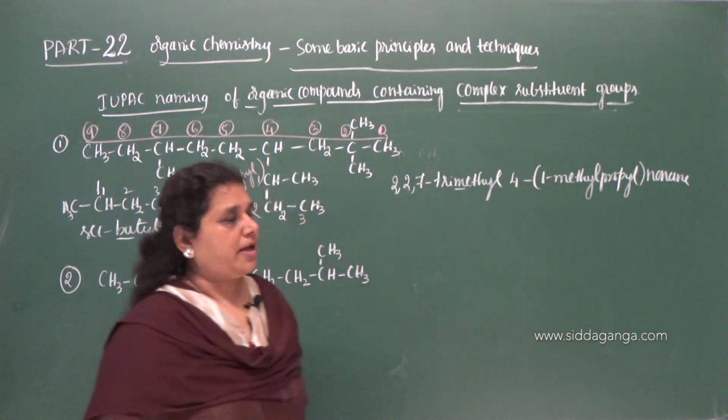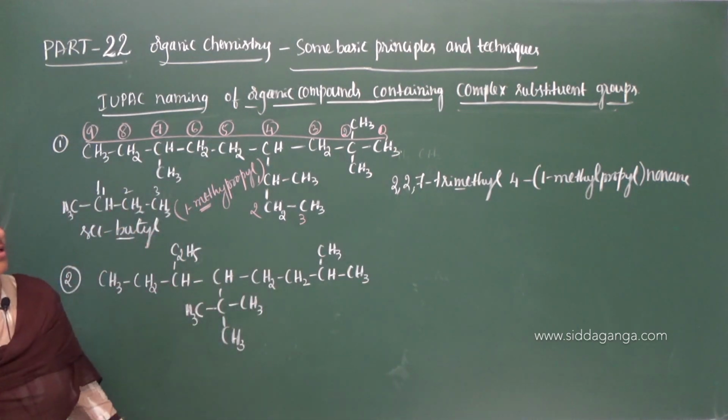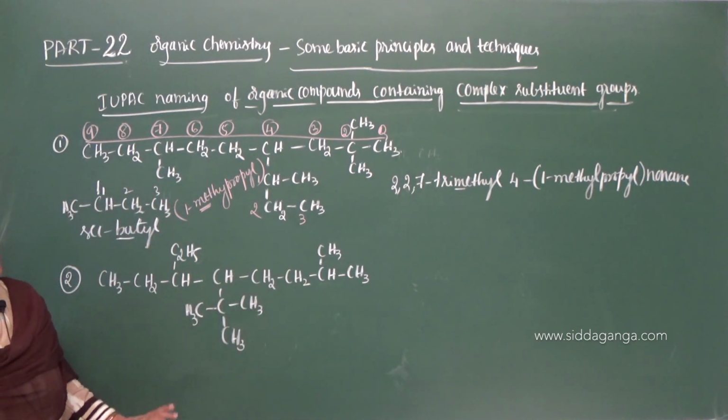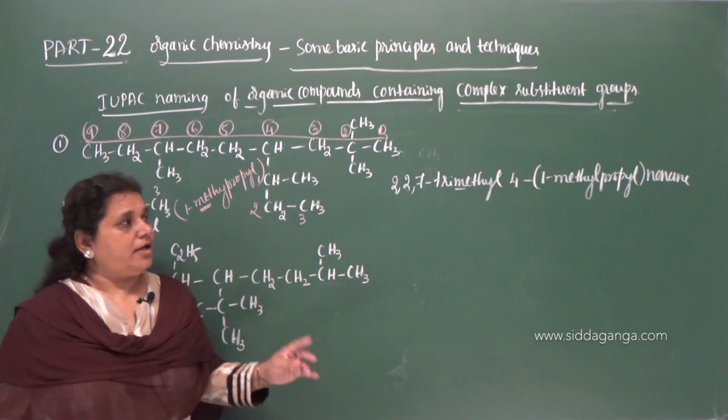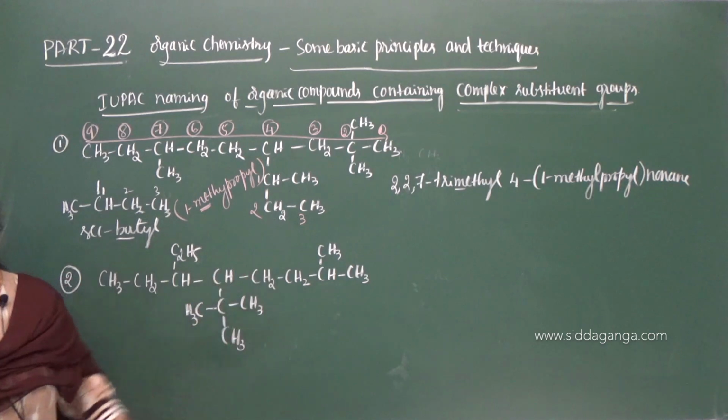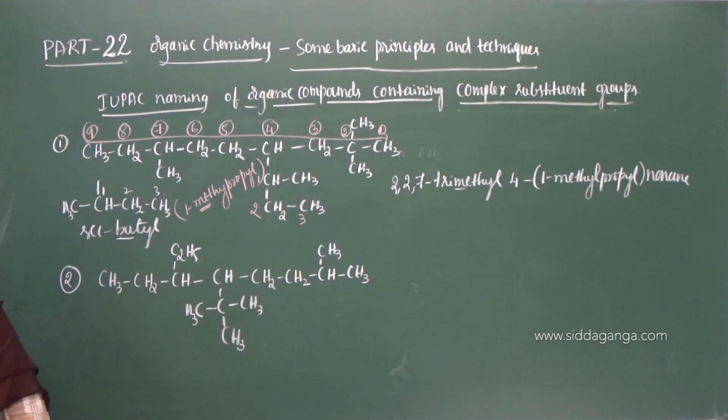Why? Because 9 carbon atoms are there on the selected parent carbon chain. So this is the name where we took the IUPAC name for the complex substituent group for the secondary butyl group.